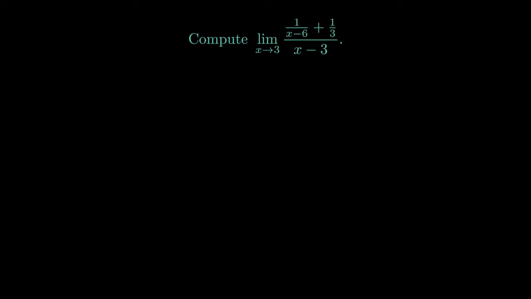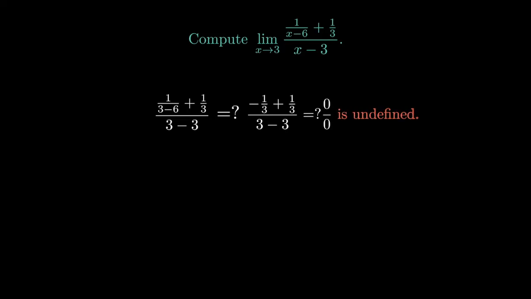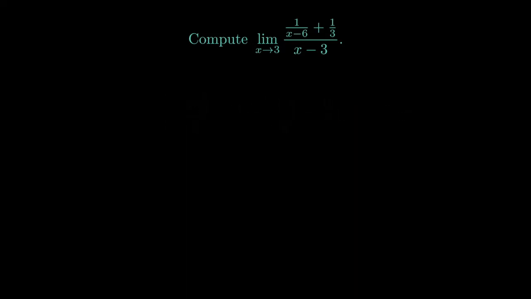Next, we look at the limit as x approaches 3 of 1 over x minus 6 plus 1/3 over x minus 3. Once again, evaluating this expression at x equals 3 gives a 0 over 0 indeterminate form. In order to do algebra, we must simplify the numerator.